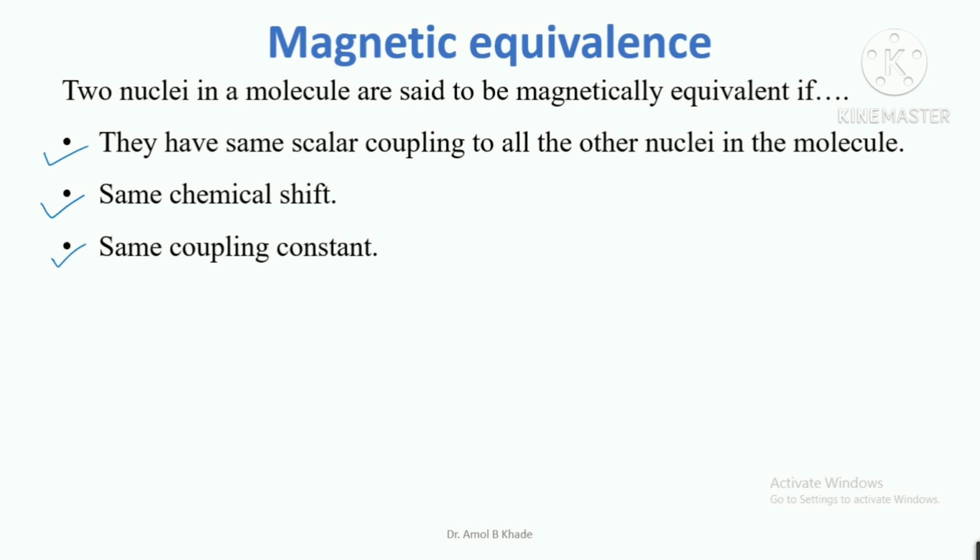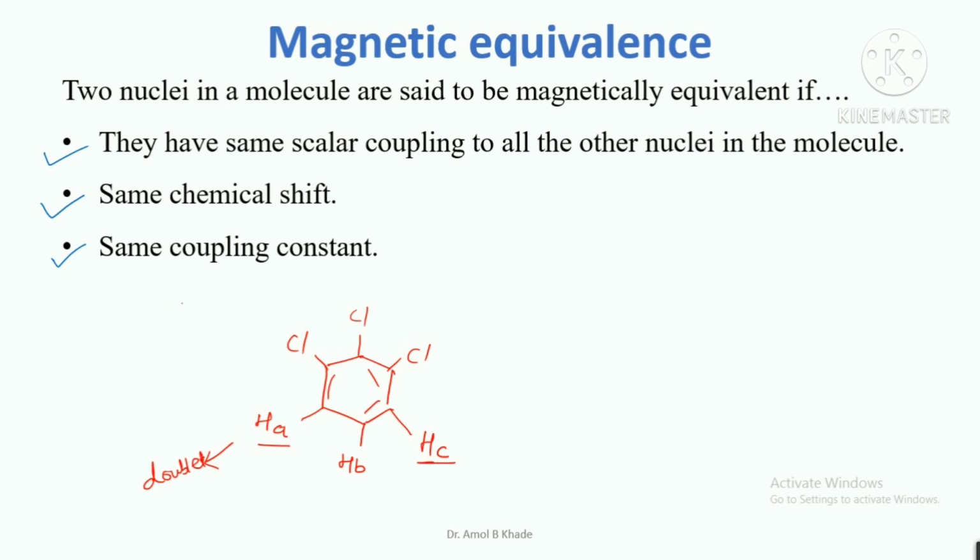We can take an example. Let's say I have this structure, a benzene ring, and let's say there are 3 chlorine atoms here, and then we have proton A, proton B and proton C. When we talk about the signal for proton A, the neighboring carbon has 1 proton, so proton A will appear as a doublet.